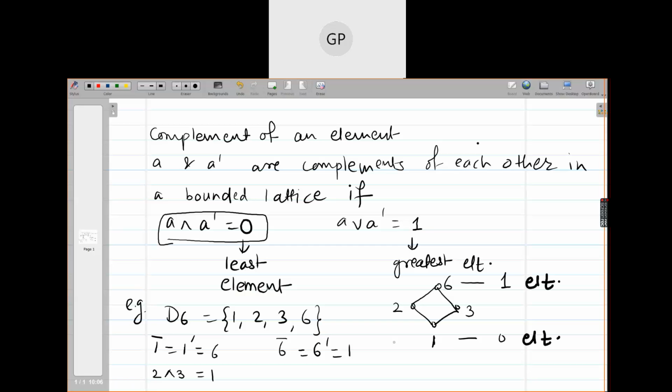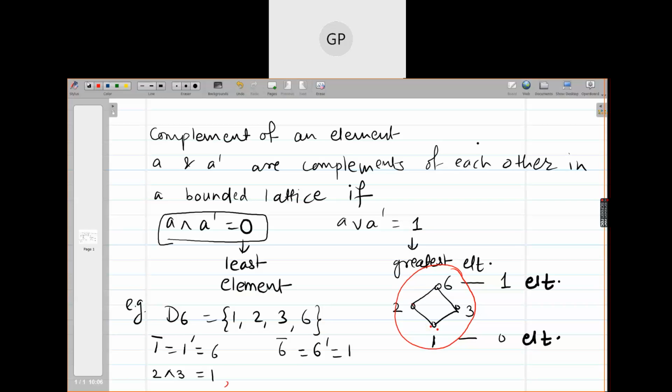Girls, come on, answer my question. How many lower bounds are there for 2 and 3 in D6? This is your D6. There is only one lower bound, that is 1. उन दोनों के नीचे देखना है आपको, उन दोनों के लोअर पोजीशन के एलिमेंट्स देखने हैं. सो 2 और 3 के लोअर पोजीशन पे सिर्फ एक ही है, एंड दैट इज द 0 ऑफ D6, राइट? Yes. So 2 meet 3 is 1.